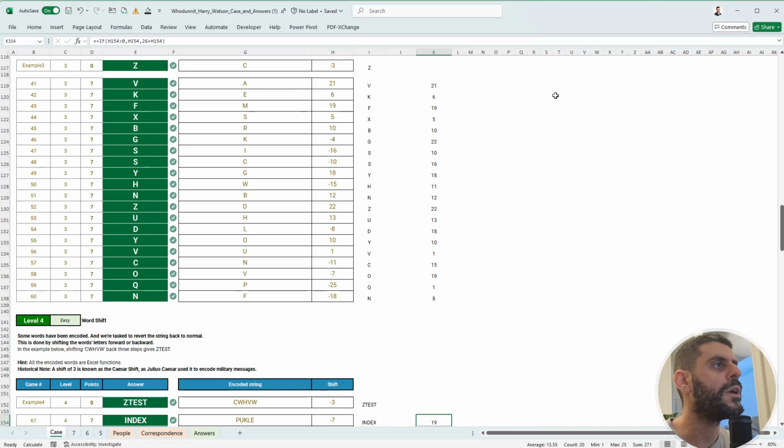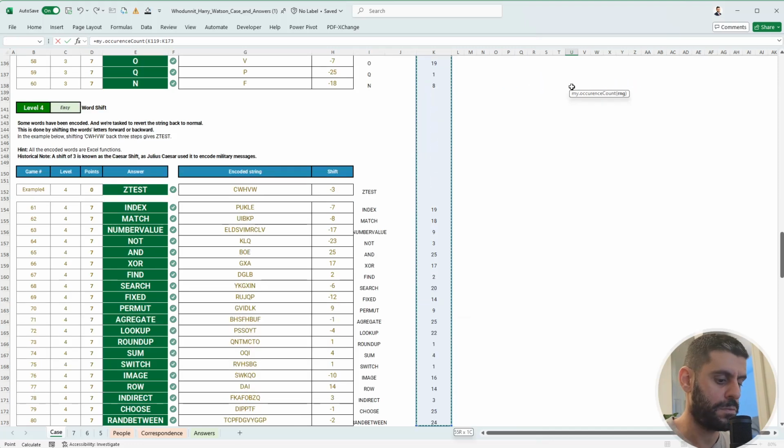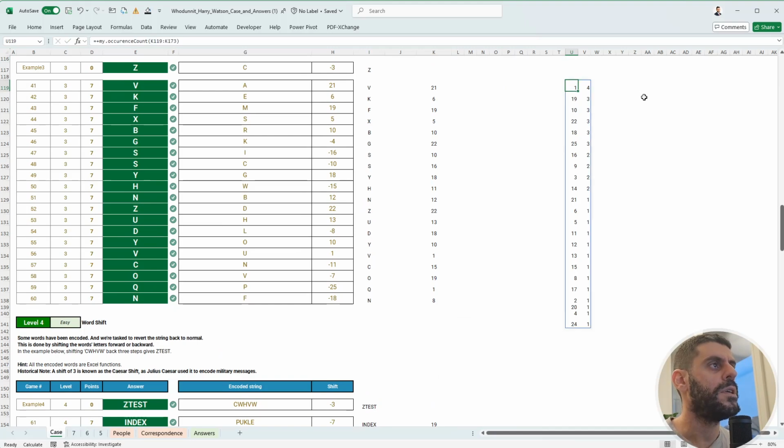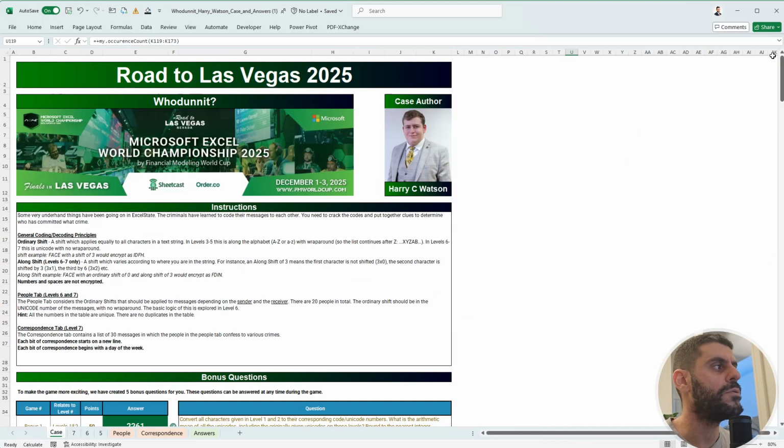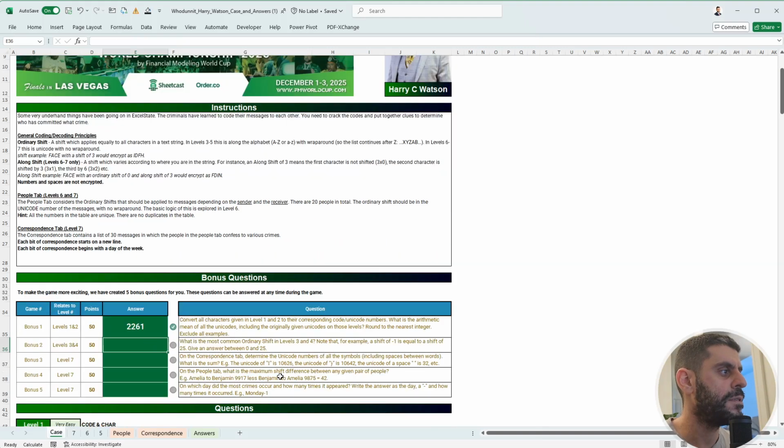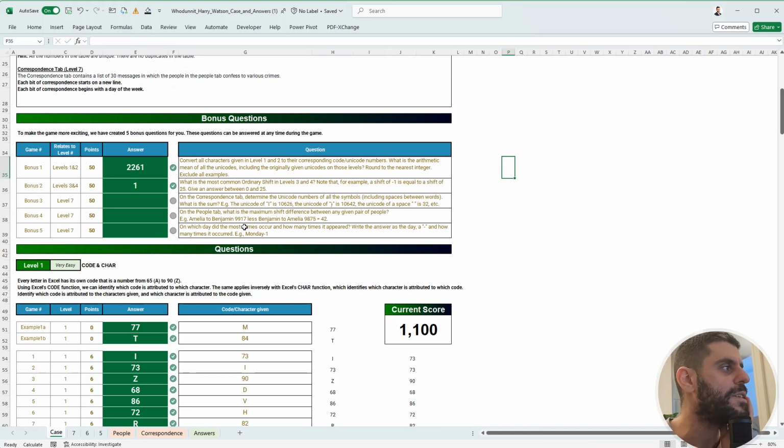Boom, and then I run the lambda occurrence count. It asks for the most common ordinary shift. Reading comprehension. Okay, that's my weak point.